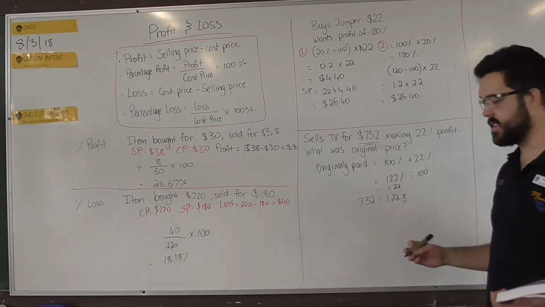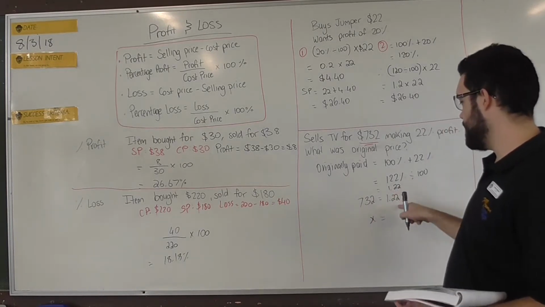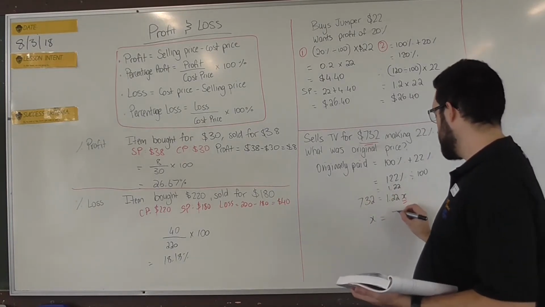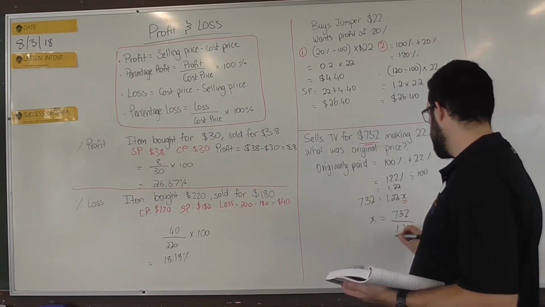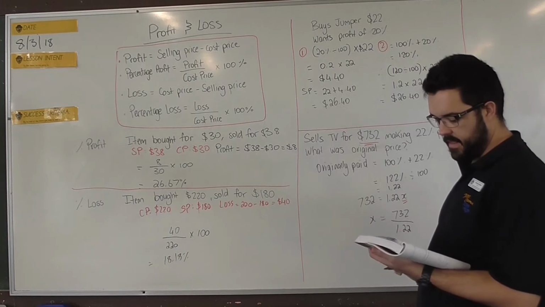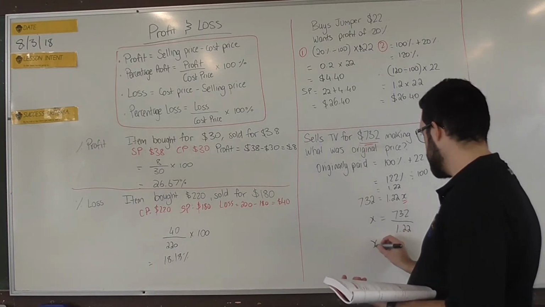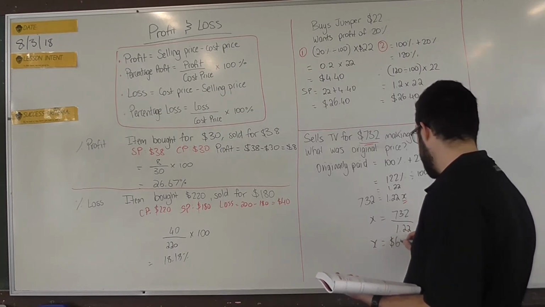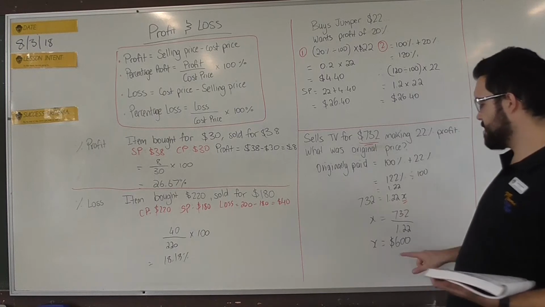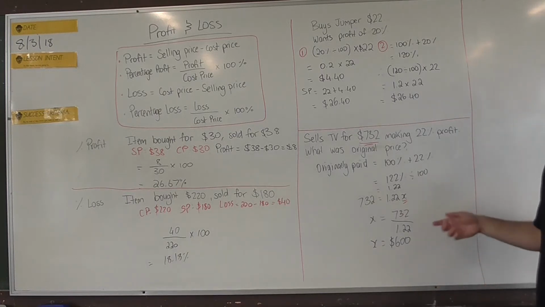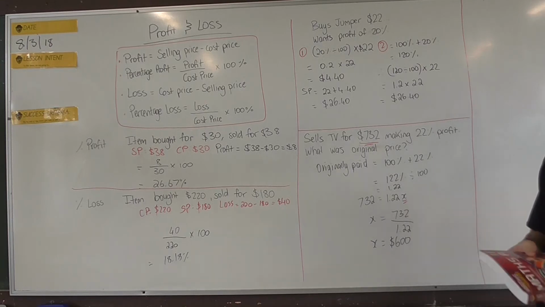So now, we just need to solve for X. Because we're multiplying here, we need to divide by 1.22. So we're doing 732 divided by 1.22, and X is going to equal 600. So we know that our original cost was $600 before we added our 22% markup for our profit. That's profit and loss.